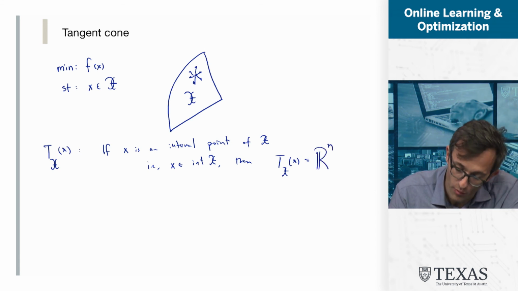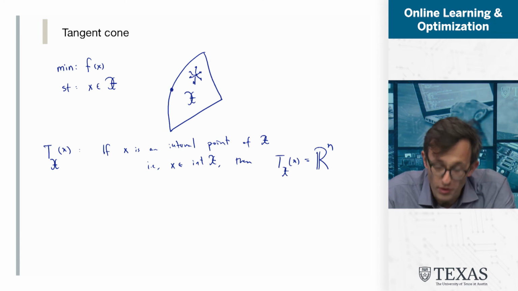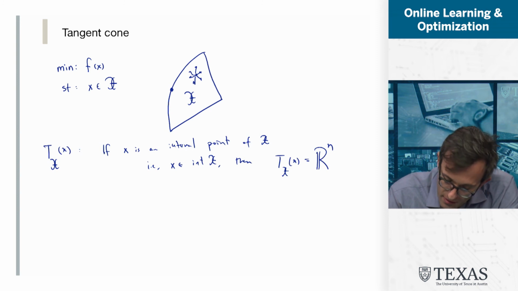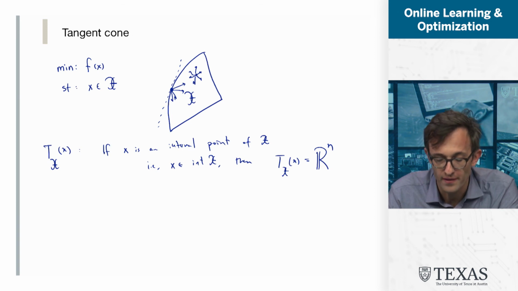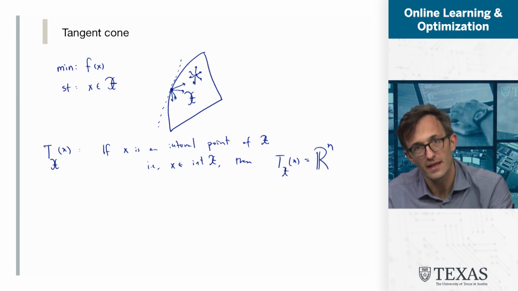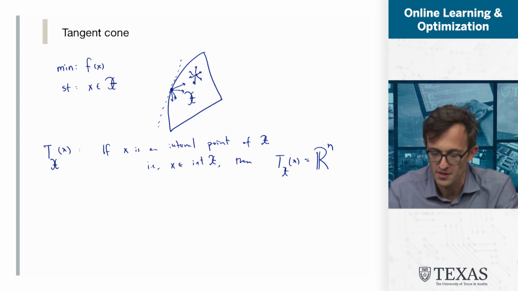Let's check what we can do if we're at a point on the boundary. What directions can we move in from here? Well, I can move in any direction that brings me into the set. As I get closer and closer to this tangent at this point, I have to move less and less in order to stay in my set. But nevertheless, I can get arbitrarily close to that tangent.